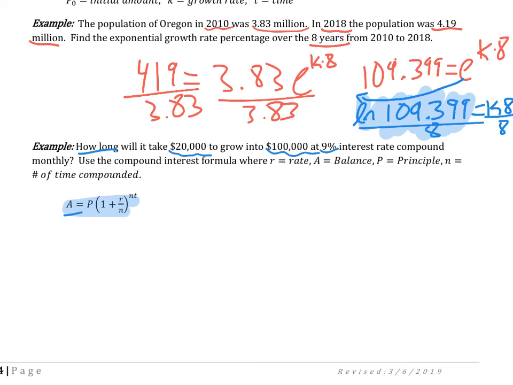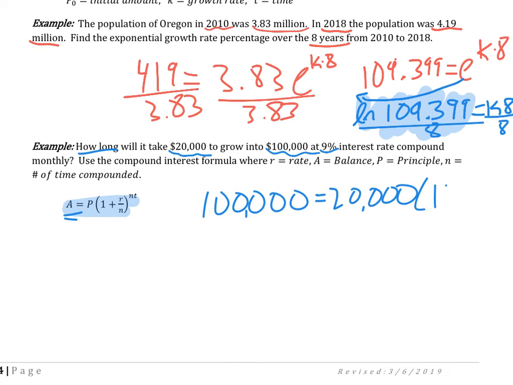A, the new value, 100,000, equals the initial value, 20,000, times 1 plus the rate, 0.09, divided by n, compounded monthly, so 12, to the 12t.